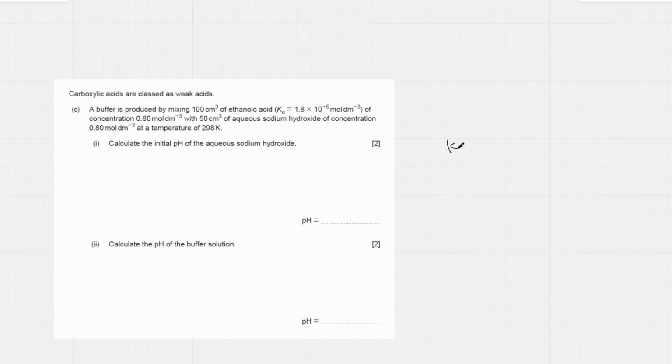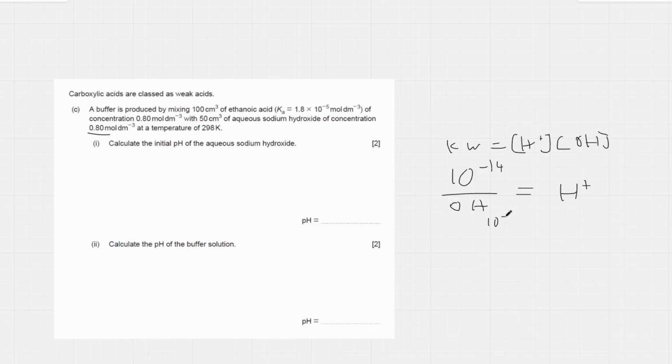So we'll need to use this equation here, Kw. So the water constant equals H plus multiplied by OH minus. And this means that we can use the value for Kw, 10 to the minus 14, over OH minus equals H plus. We can work this out simply by using the value of the concentration of sodium hydroxide.